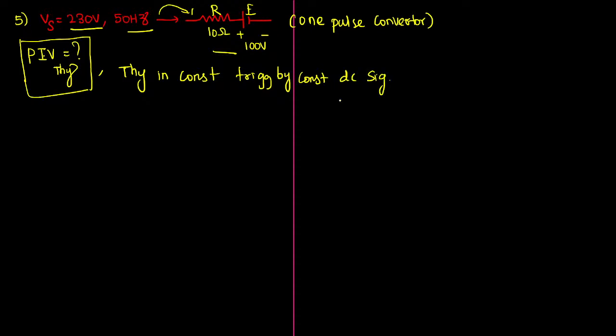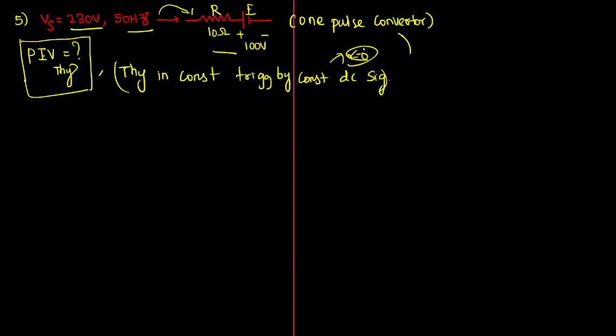I hope you all know the meaning of this statement. In the bracket they gave that the thyristor is constantly triggered, which means the alpha value is 0 degrees. That is how they indirectly said it. That's all, it is over. Now you can take the circuit, drop the answer.